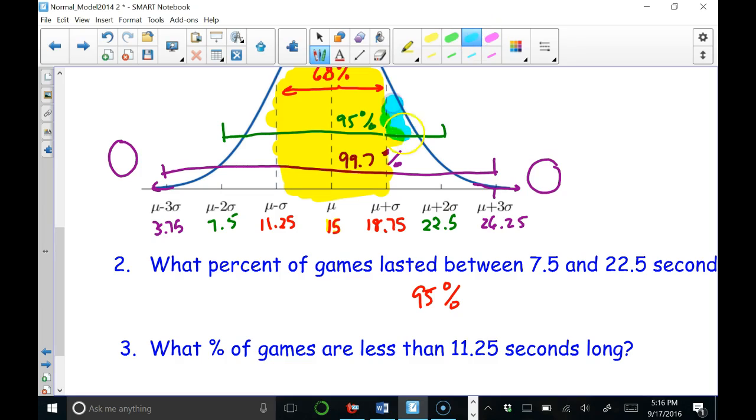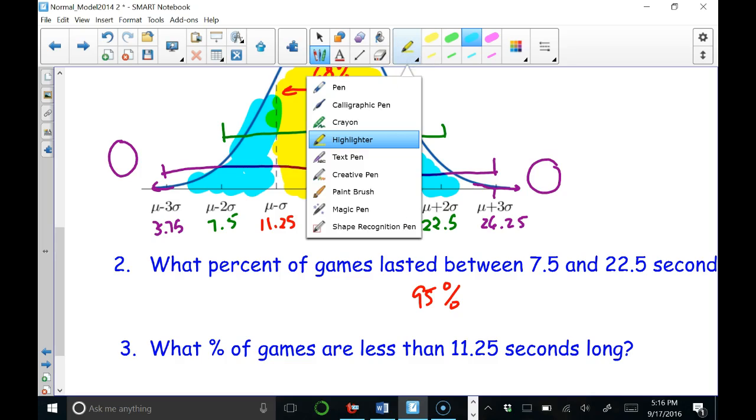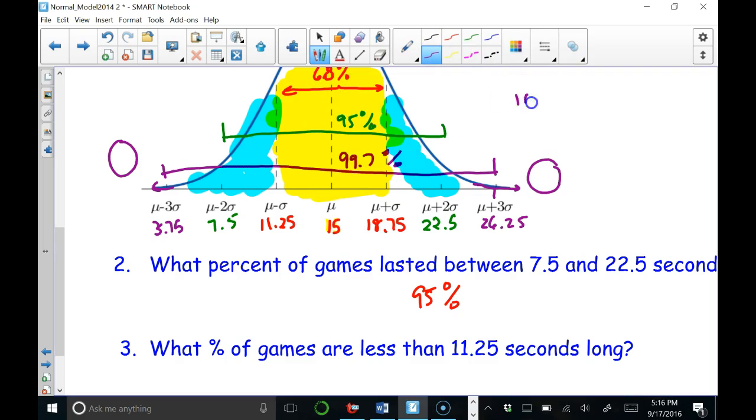That means that 32% is left for these 2 tails. So if I only want what's less than 11.25, then what I'm really saying is I want half of what's left. So 100 minus 68 gives us both blue tails. Divided in half gives us 16%.